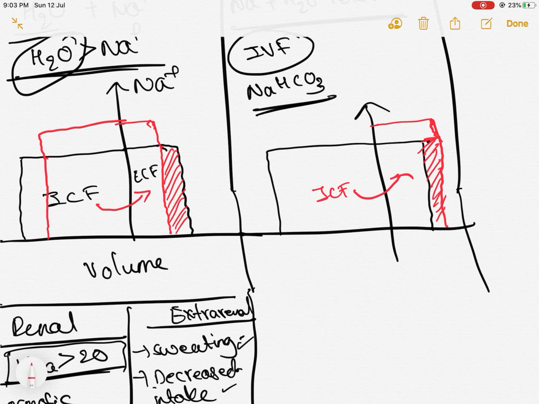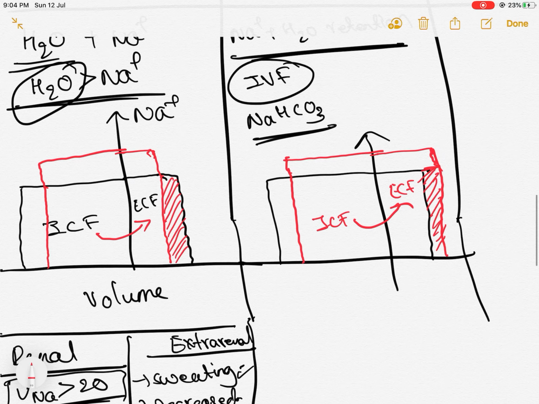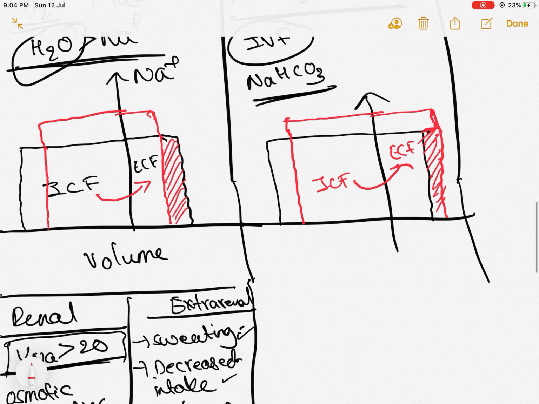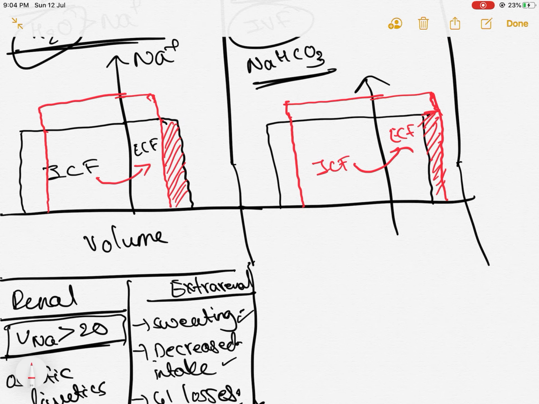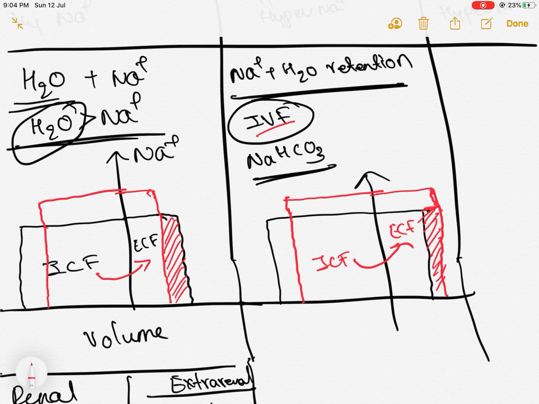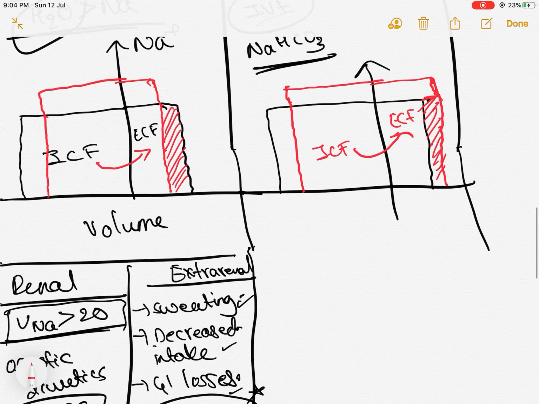As a result, the intracellular volume again decreases and sodium equalizes on the normal side. To equalize this, the intracellular fluid shifts to the extracellular space. As a result, the entire extracellular fluid increases, sodium increases. So if there is increase in volume, the basic treatment for this would be giving diuretics to the patient.